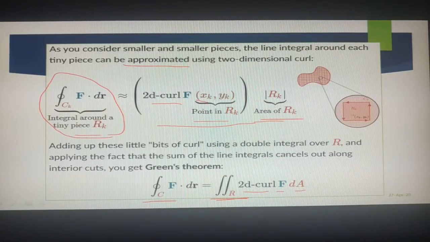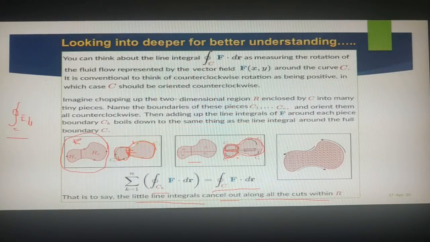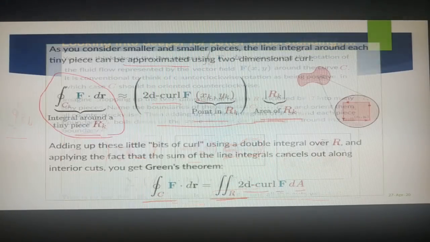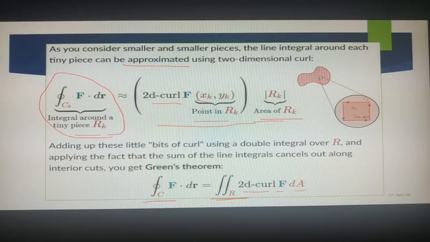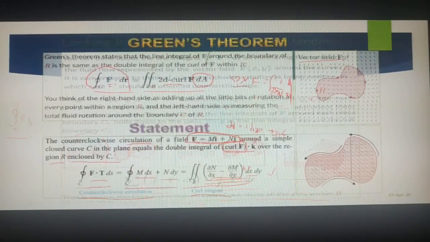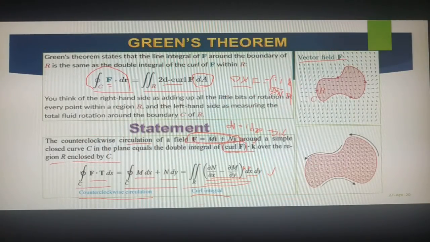I hope you understood this. If not, listen to this lecture again from the start, and you will easily understand the key point behind this theorem. The key point is here: I can take the counterclockwise circulation along the curve.